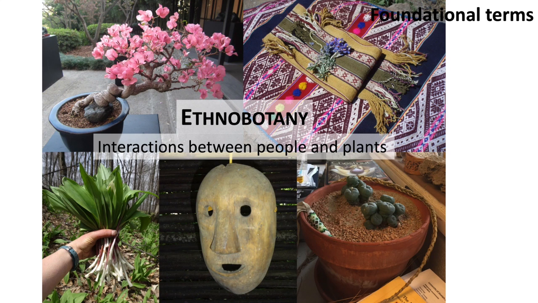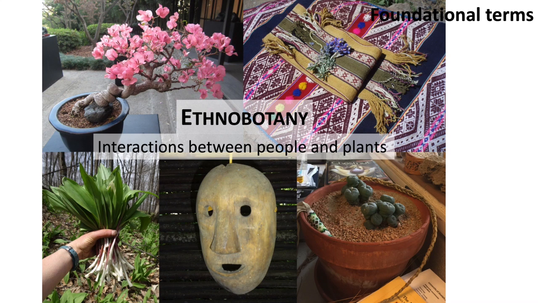This can include, for example, ornamental plants used for beauty, plants used for dyes, as you see in the upper right, the photo of a lupine flower known by the Quechua people as tarwi and used to dye wool. Food plants, as shown on the bottom left, with my handful of wild ramps. Arts, as seen in the middle with this Cherokee wooden mask.